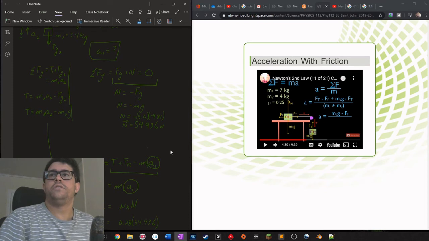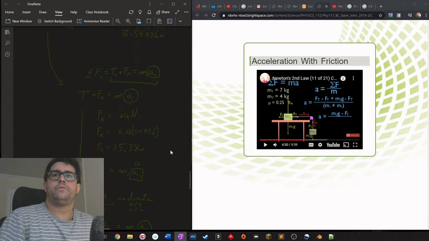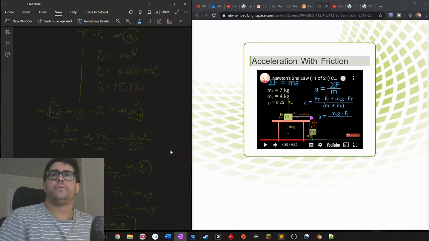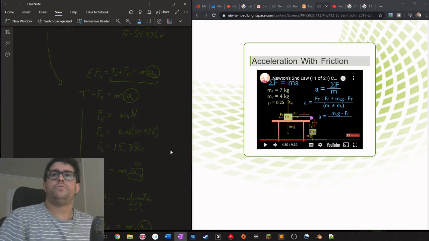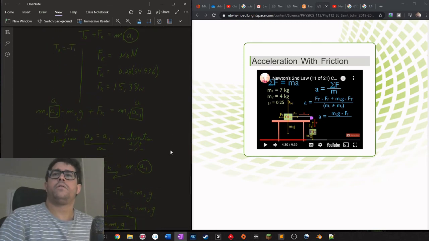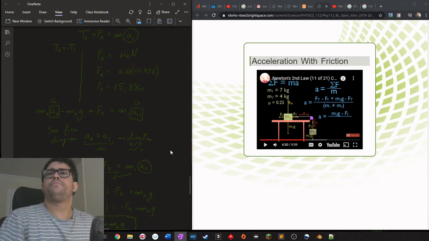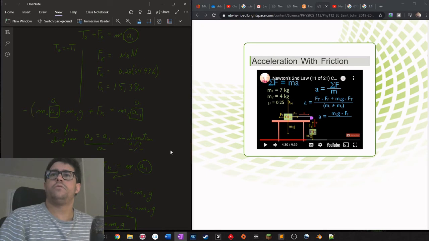If we state this, we can put little ones here, little twos here, T2, and since T2 is equal to negative T1, or at least the value, then we must have a negative T1.